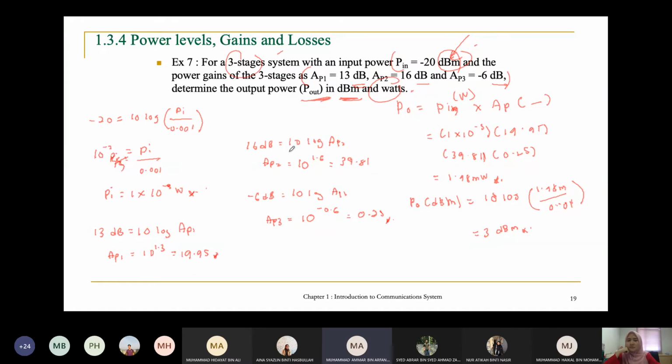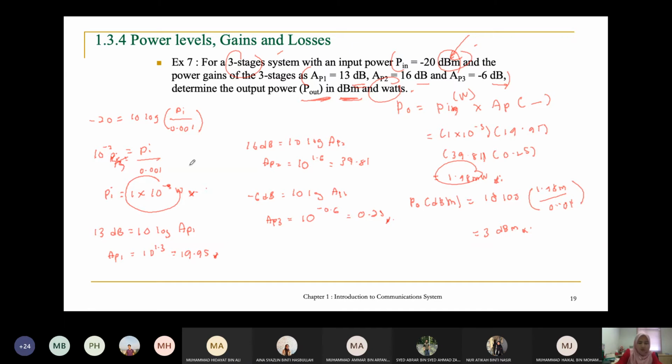In P input we have negative 20 dBm. So you can directly see also, from the value in watts also, you can directly see that the output here is bigger than the input. So you can directly know that the power is increased. There is a power gain in the system.